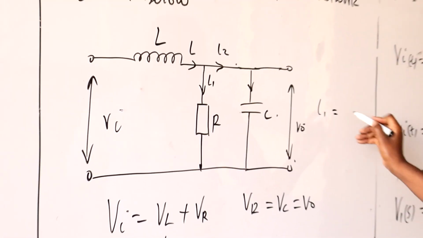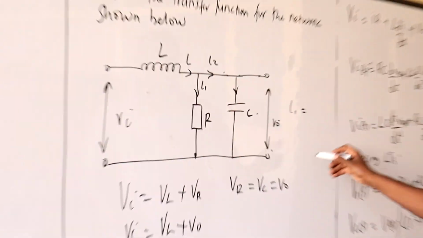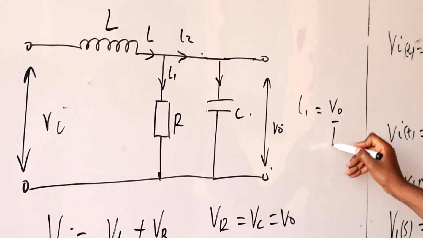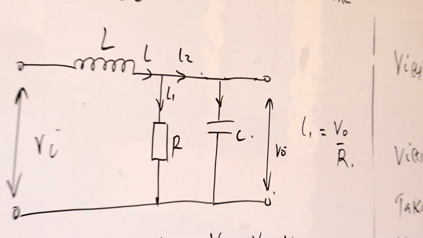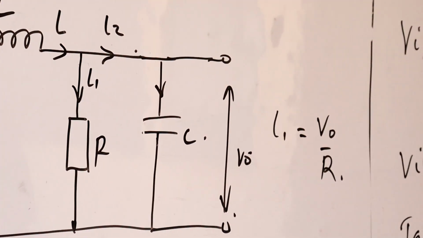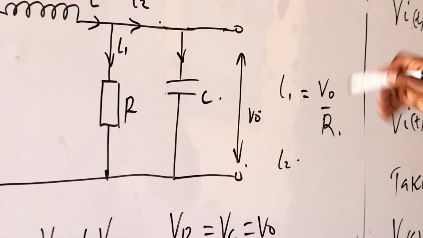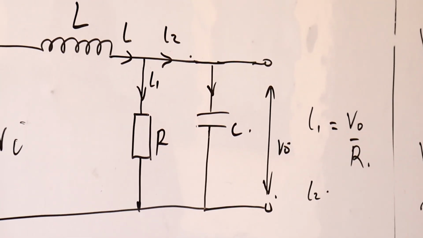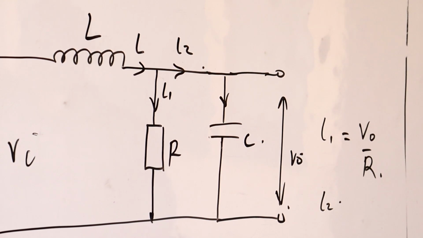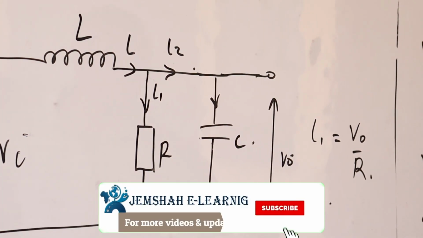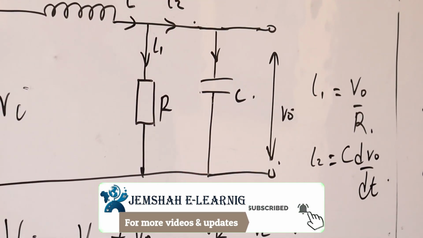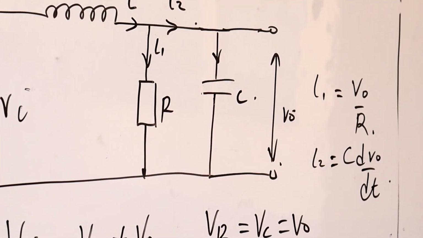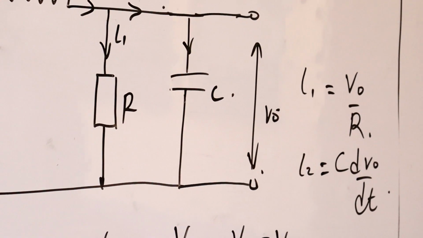I1 is given by V out over R. Then I2 is the current going through the capacitor, which is given as C dV out over dt.